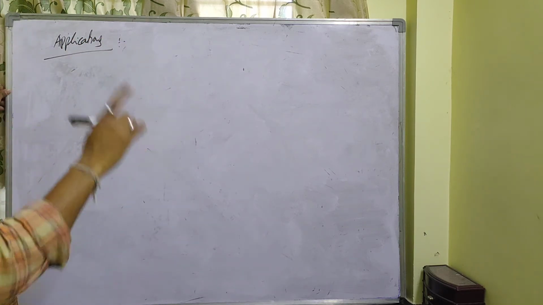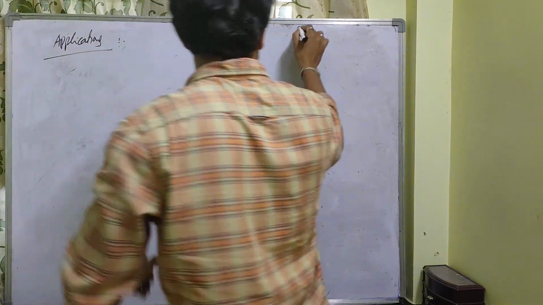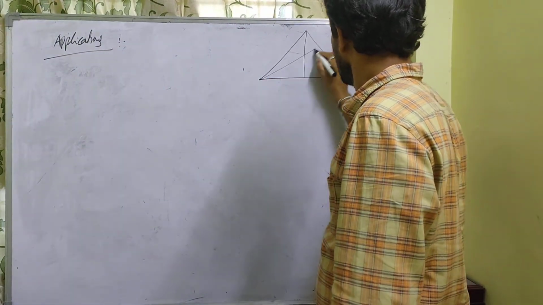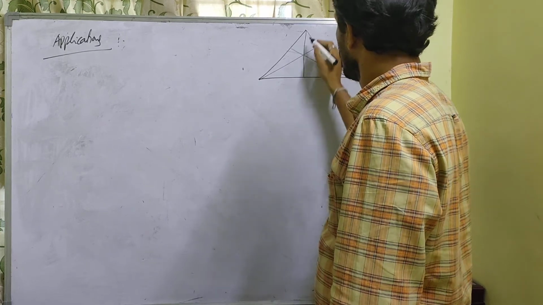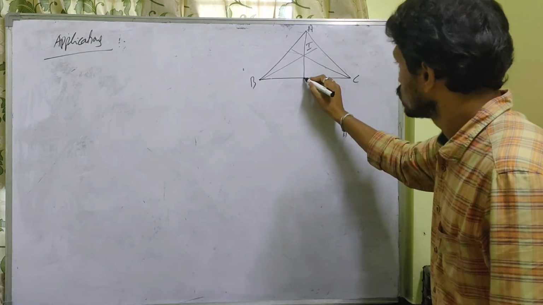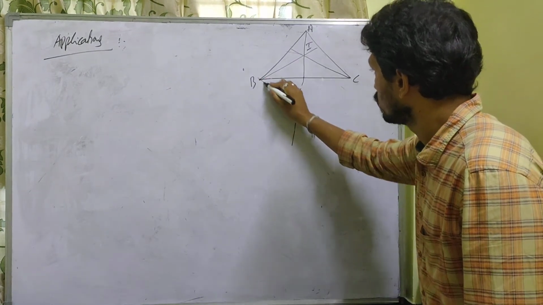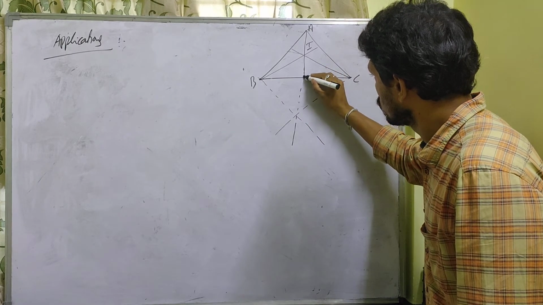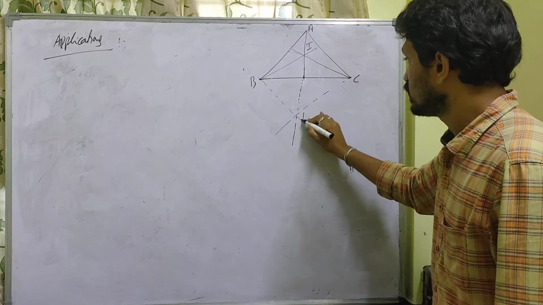See there, this is A, B, C. This is I. So I1 will be here. Okay, this is I1.